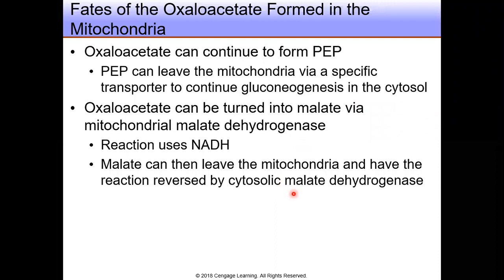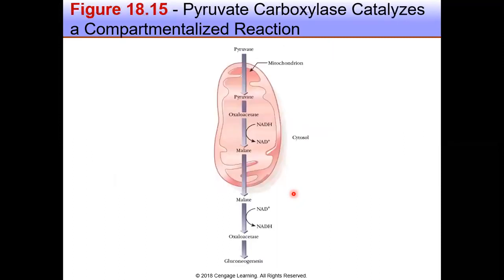So this reaction must be reversed in gluconeogenesis, and the cytosol has a low ratio of NADH to NAD+. Once again, the purpose of this roundabout way of getting oxaloacetate out of the mitochondria via malate dehydrogenase is to produce NADH in the cytosol so that gluconeogenesis can continue.